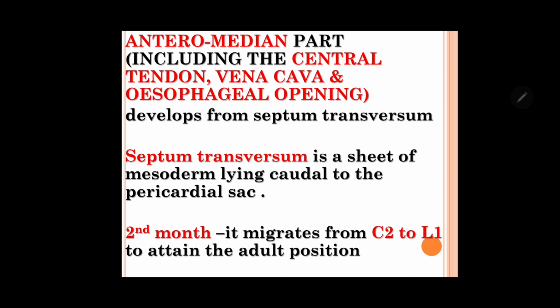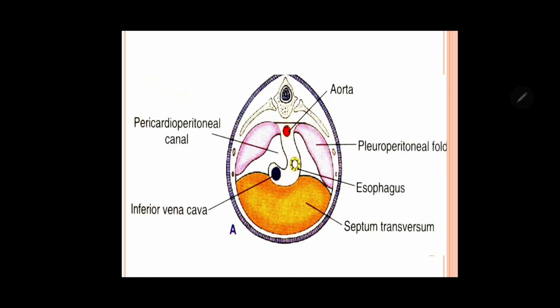We have discussed the folding, and during the second month it migrates from C2 to L1 to attain the adult position, but carries the phrenic nerve. That's why the phrenic nerve travels all the way from the neck to this junction between the thoracic cavity and abdominal cavity. And you can notice here this is the posterior part, this is the anterior part.